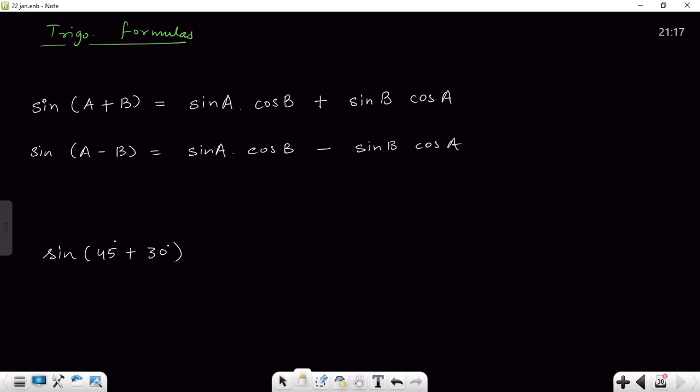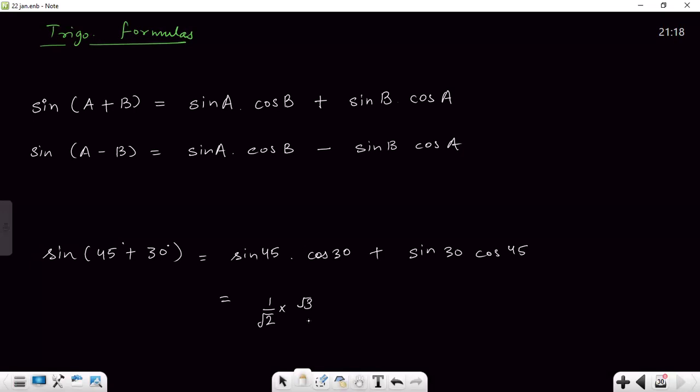Let's say we do not know the value of sine of 75 degrees, but we know the values of 45 and 30. So let's split the 75 into 45 and 30. Now we can write it as sine of 45 multiplied with cosine of 30 degrees plus sine of 30 degrees multiplied with cosine of 45 degrees. Sine 45 is 1 by root 2.